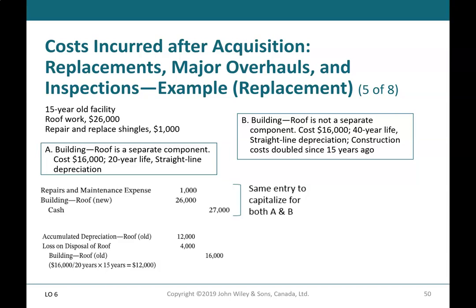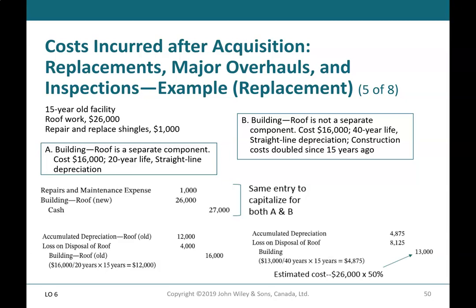B. Building, roof is not a separate component, cost $16,000, 40-year life, straight line depreciation, construction costs doubled since 15 years ago. So we would do the same entry for capitalized for both A and B, but then under A, you would debit accumulated depreciation roof for $12,000, debit loss on disposal of roof $4,000, credit building roof old for $16,000.